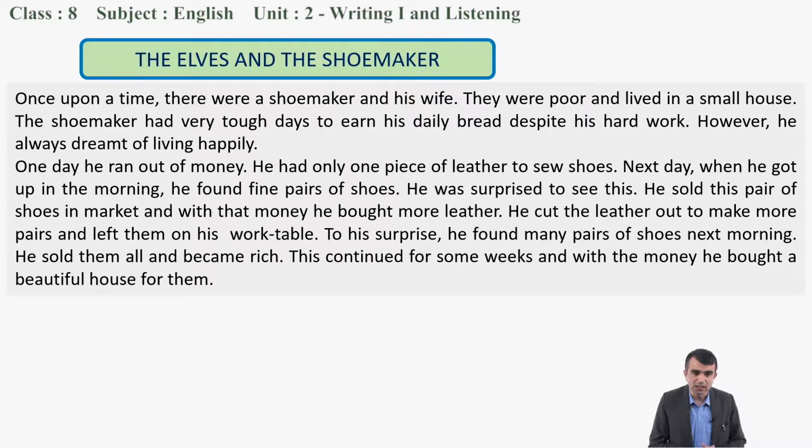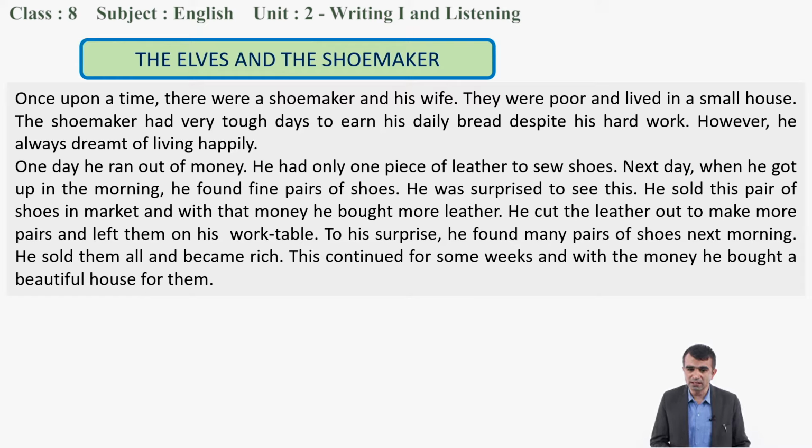One day he ran out of money. He had only one piece of leather to sew shoes. Next day, when he got up in the morning, he found fine pairs of shoes. He was surprised to see this. He sold this pair of shoes in the market, and with that money he bought more leather.